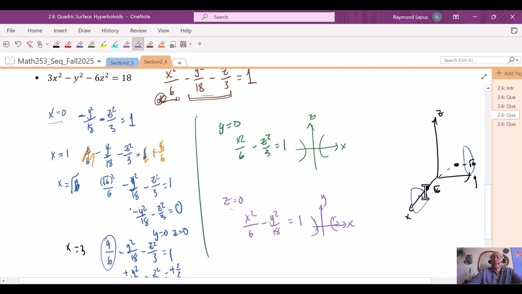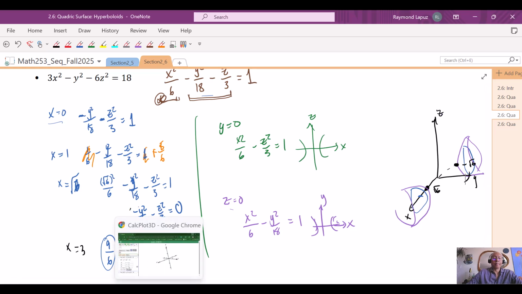So these are hyperbolas that are going to be opening up along the x-axis with respect to y, and opening up along the x-axis with respect to z. So it looks like it'll eventually be opening up this way and that way. Okay, so that's kind of hard to picture, so let's take a look at it using our graphing program.